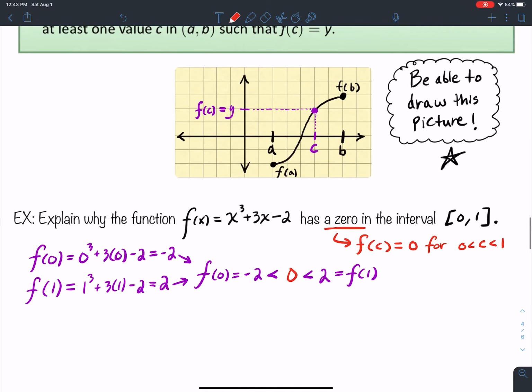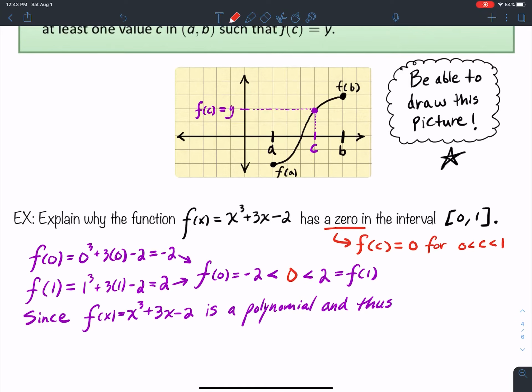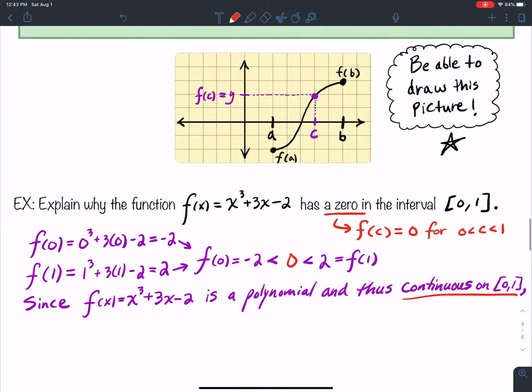Now, since f of x is a polynomial, what do we know about polynomials? On their domain, they're continuous. So its domain is from -infinity to infinity, right? So we know that it's continuous for all, so it's definitely continuous on this interval that we're concerned with, 0 to 1. Okay.